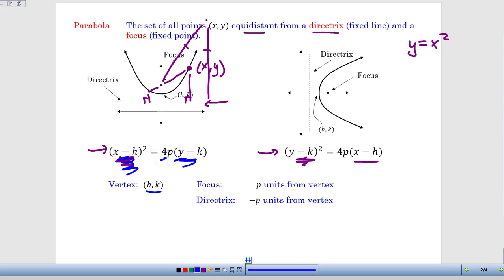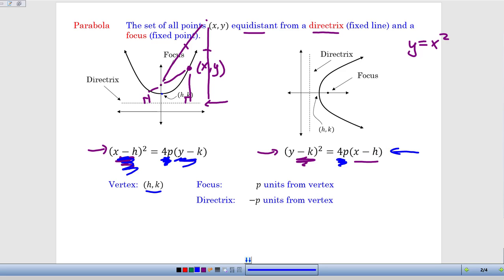Then we see this 4p that shows up in the equation. When the equation is written in this format, with the squared variable isolated on one side and the other variable on the other side, we're going to have a number on the outside of a set of parentheses, multiplying the non-squared variable, so y minus k, or x minus h, as it is in the second example over here.